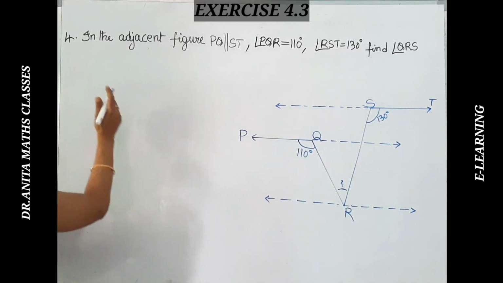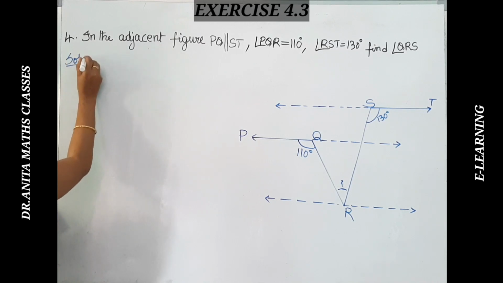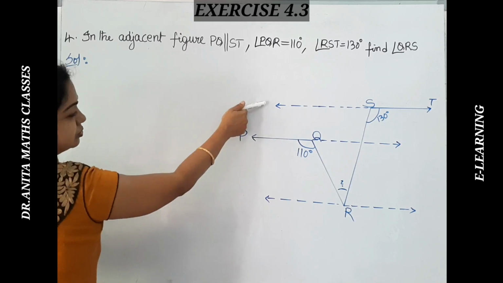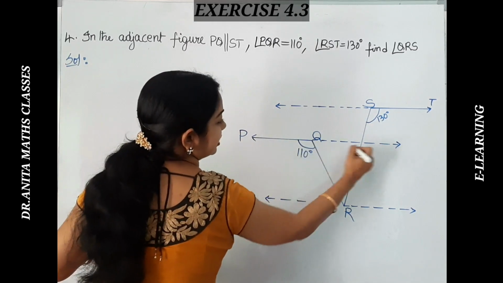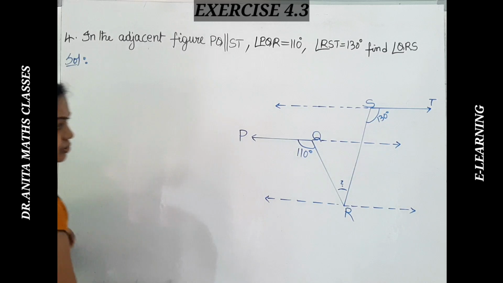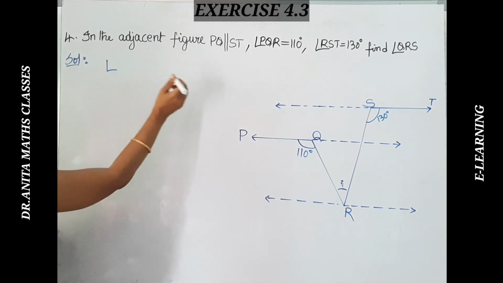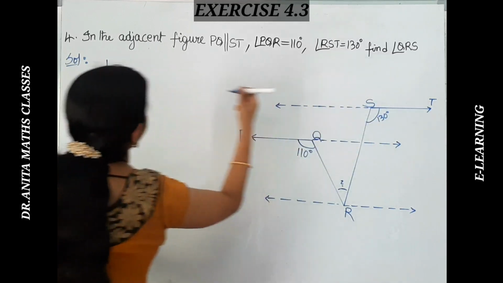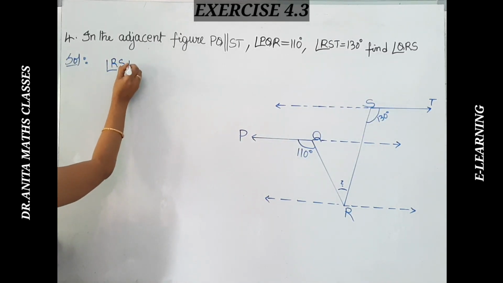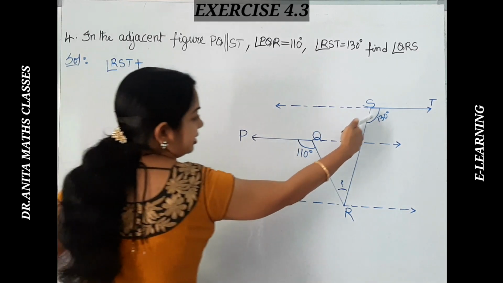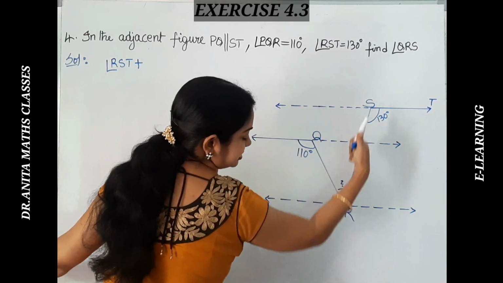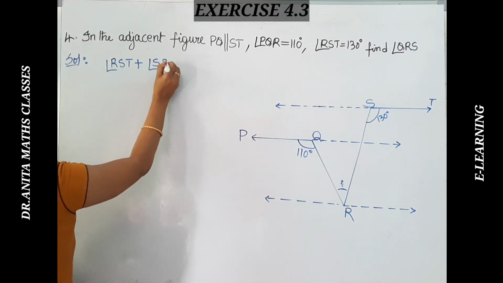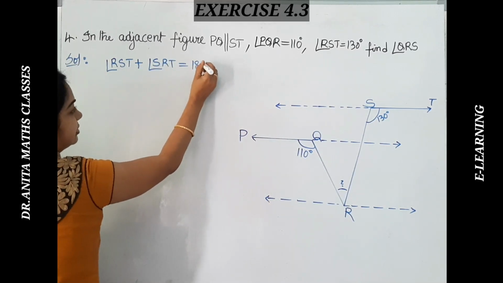So let us see. Here PQ is parallel to ST. Angle RST plus angle SR and the other point equals 180 degrees.